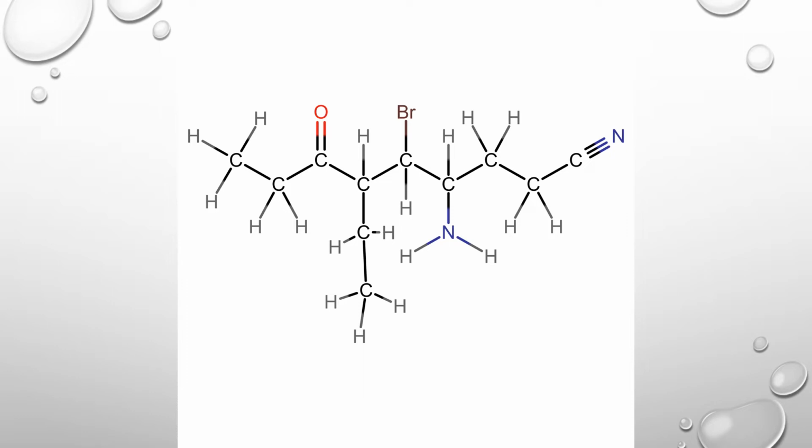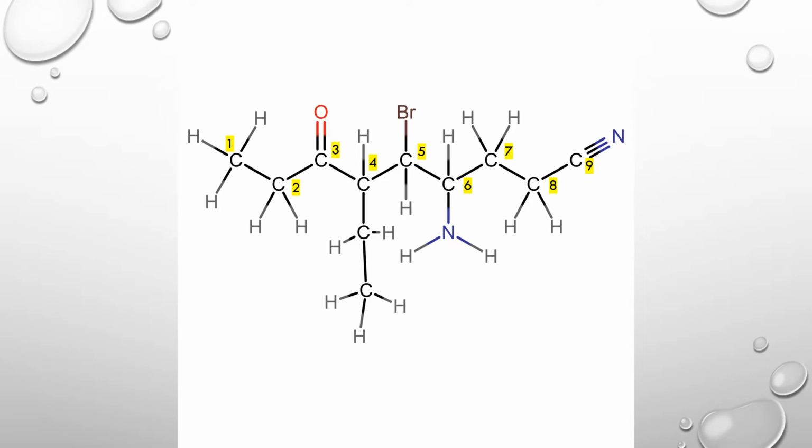But in this one, the longest carbon chain is 9 carbons long and it goes across the way. So I'll bring some numbers up on the carbons. You can see that this carbon chain is 9 carbons long. The longest carbon chain serves as the base of the name of the molecule. So the base of this molecule is going to be called nonane, so it's got 9 carbons.